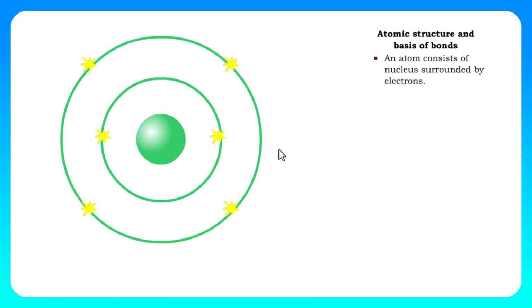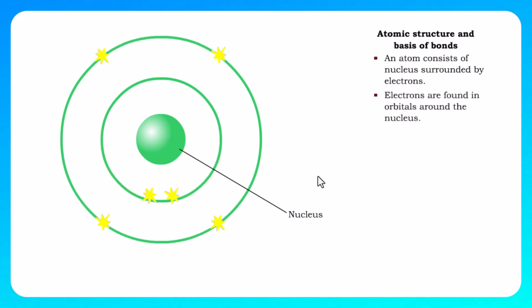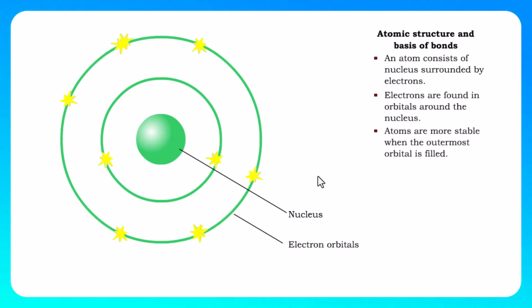An atom consists of a nucleus surrounded by charged particles called electrons. The electrons exist in various layers surrounding the nucleus called orbitals. Atoms are most stable when their outermost orbital is filled.